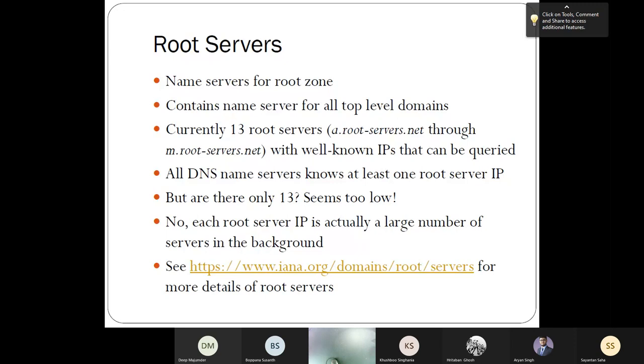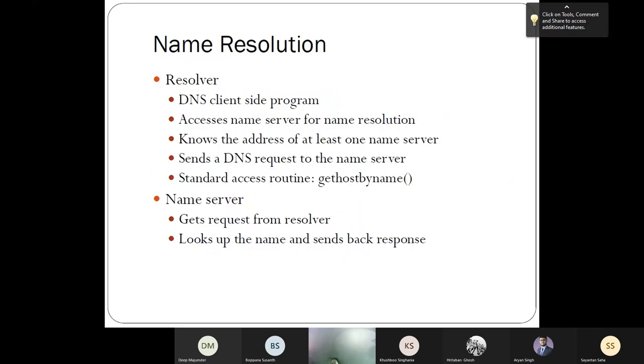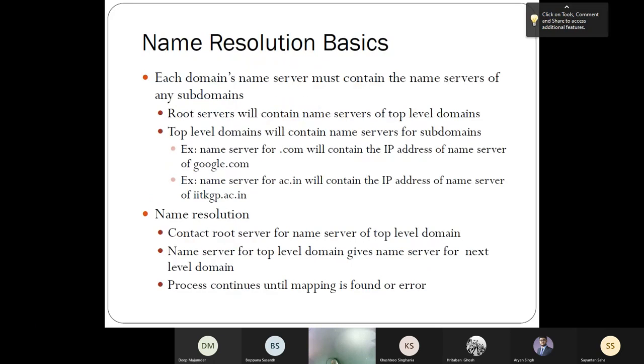Okay, now we have all the ingredients. The DNS client-side program is called the DNS resolver. When you are calling gethostbyname, you are calling the resolver to get the IP. So what is name resolution?